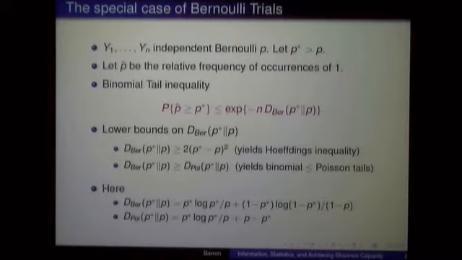The role of p would be played by the averages of the p_i across the different random variables. But that Hoeffding inequality that gives the square between p star and p is the right quadratic behavior that the relative entropy has when you're away from the edges in the plot of D(p star || p), right?